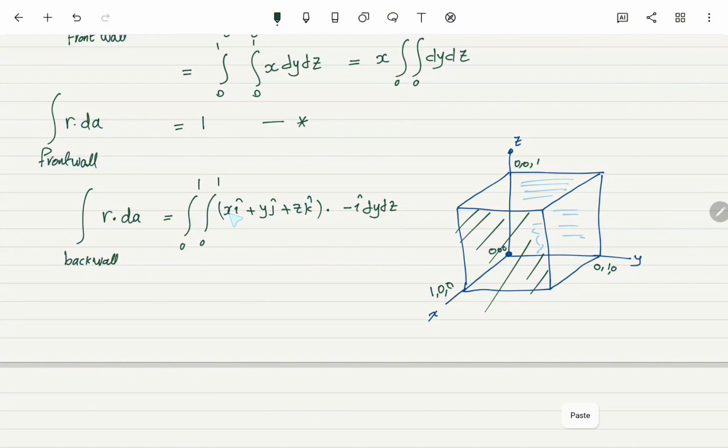If you dot product this, there is no j hat and no k hat, and the only term that multiplies the i hat is equal to 0, so this whole integral is equal to 0. So the integration of r dot d area for the back wall is equal to 0.